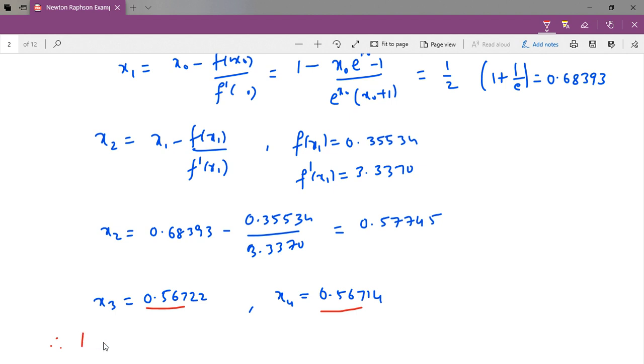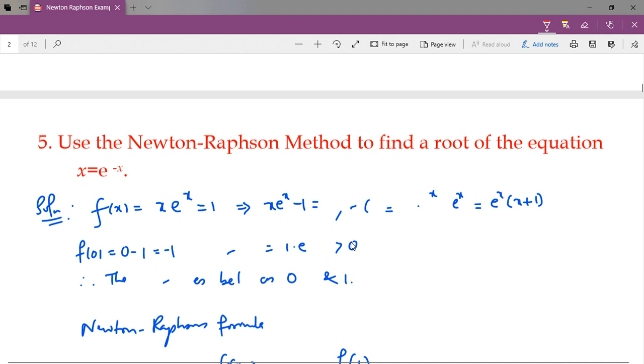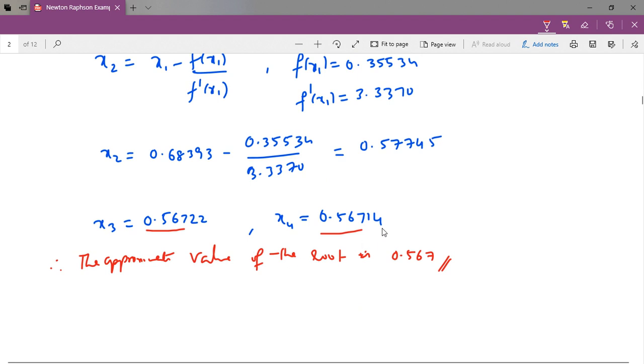So the approximate value of the root is 0.567. The same example we have done by the iteration method also. Please check the number of steps in the iteration method, and here we have only 4 steps.